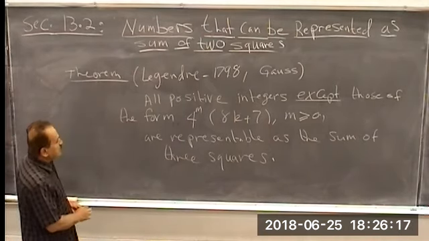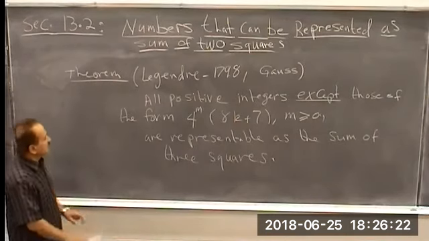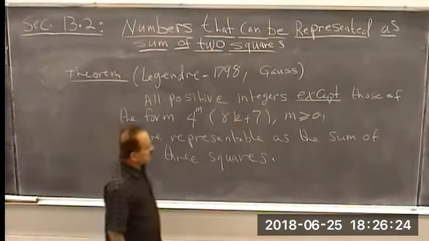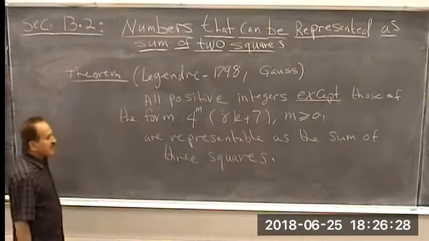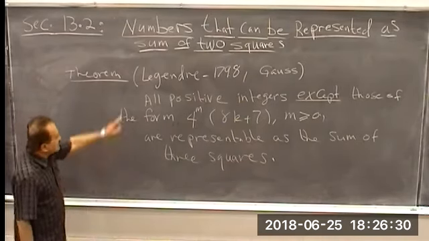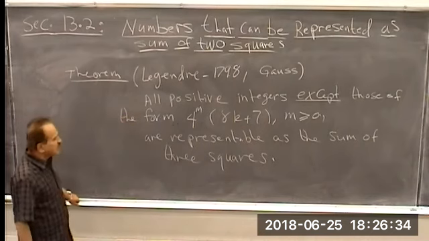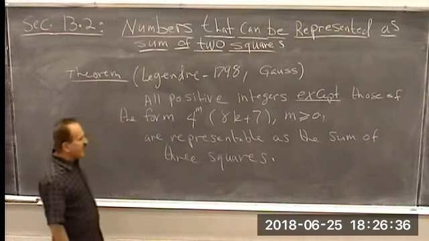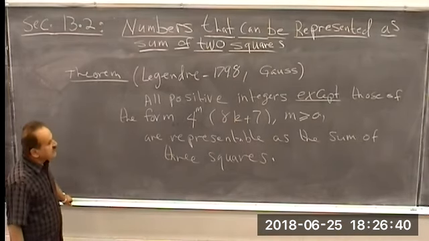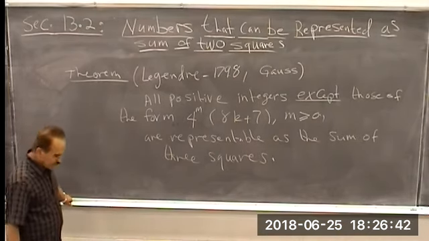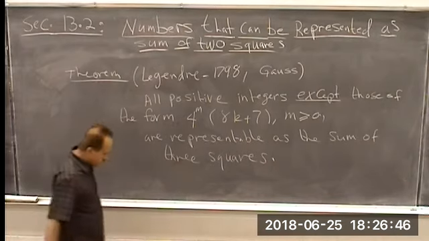And it turns out that all positive integers can be represented as a sum of four squares. And as I said, the proof of this is beyond us. It uses quadratic forms and much more machinery that needs weeks of development to actually prove this theorem.